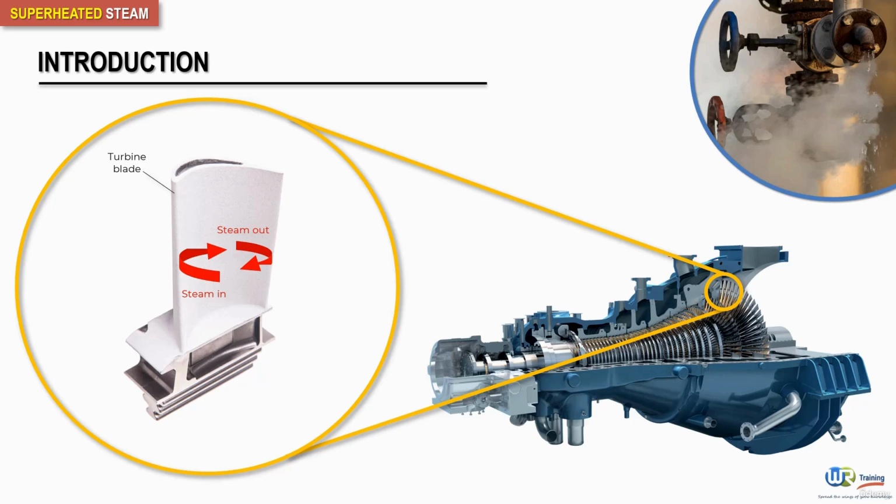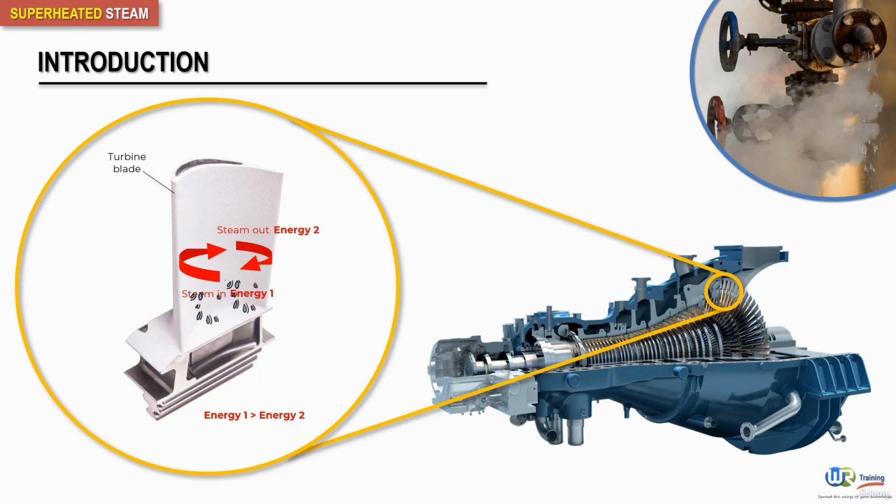So, logically, the steam has less energy after it has gone through the turbine rotor. If the steam was at saturation temperature, this loss of energy would cause some of the steam to condense.